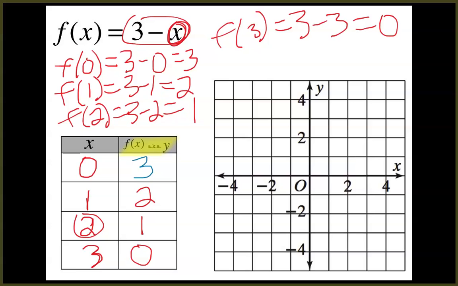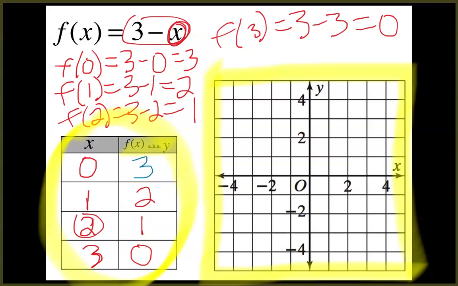So now I have a whole table. Okay, and on this graph, I'm going to plot my points. What points? These points. Oh, you didn't get that those are points? Yeah, they are. This is a point, (0, 3), and (1, 2), and (2, 1), and (3, 0).